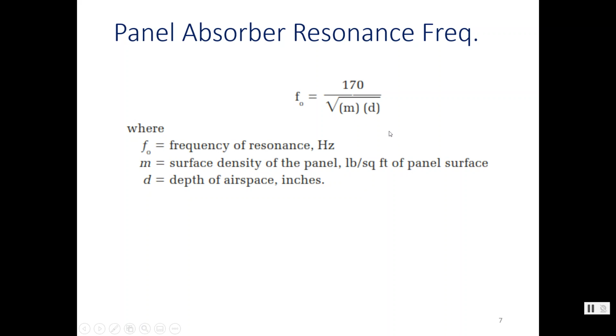This is one of those equations where you have a number here, and for it to all work out, you just need to put in numbers in the right units. So pound per square foot for your surface density, and then D would be your depth of airspace in inches. You put those in using those units, you'll get hertz out for your resonance frequency.